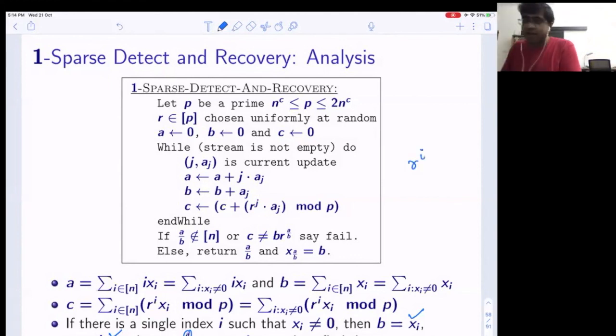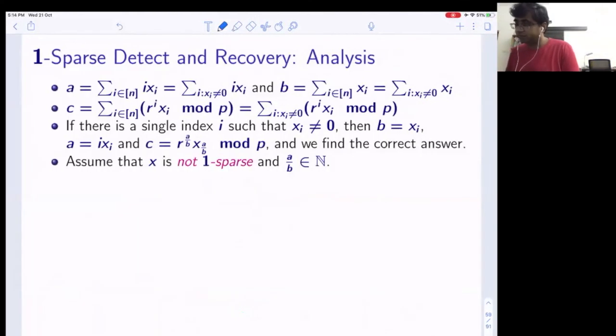So you have chosen a random R and you have taken R to the power of the index of the coordinate, times the value. If everything else is 0, this is what it is. So this is nothing but B times R to the power A/B mod P, and we find the correct answer.